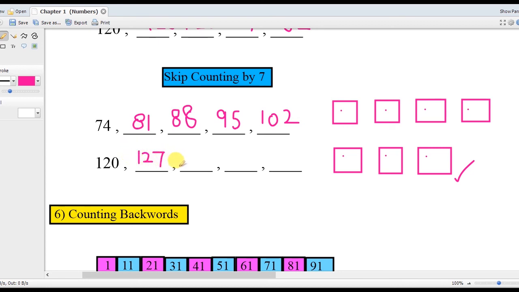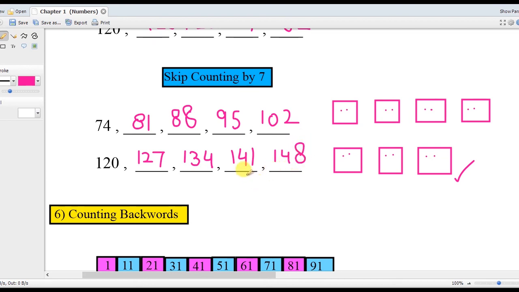The next number is 134. See, 128, 129, 130, 131, 132, 133, 134, right? Next, on a similar pattern, we'll get 141 and 148. I hope you got the concept.